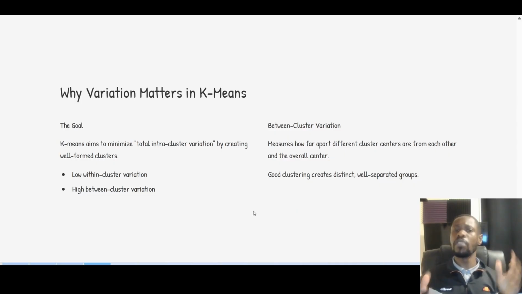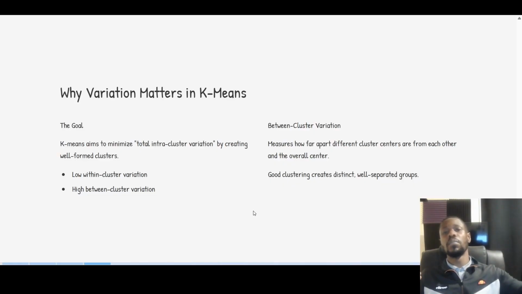But we want a low variation within the groups. For example, if we're trying to categorize people by height, we don't want to have someone who's 5'5" in the same group as someone that is 6 foot, because someone that's 5'5" may be considered relatively short, whereas 6 foot would be classified as tall.